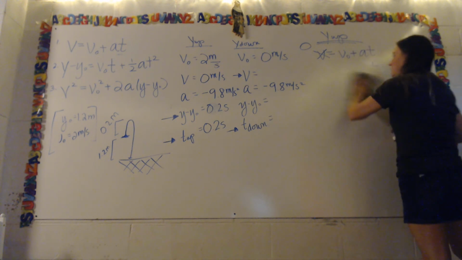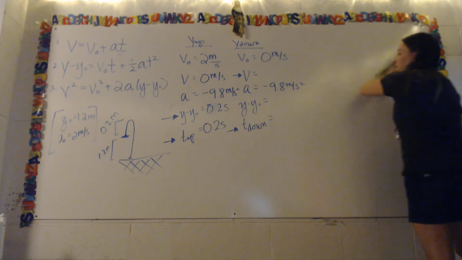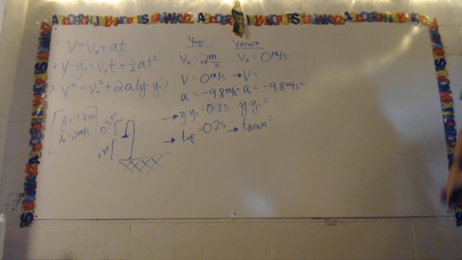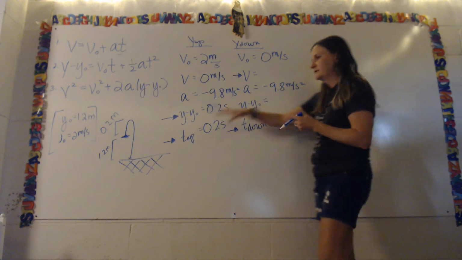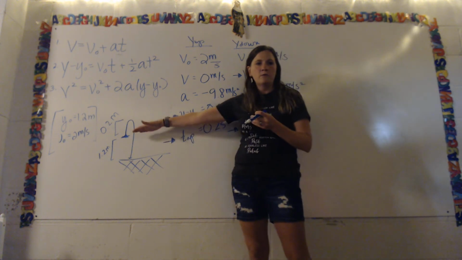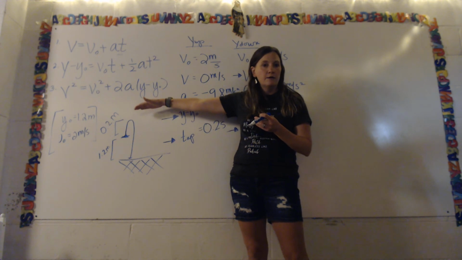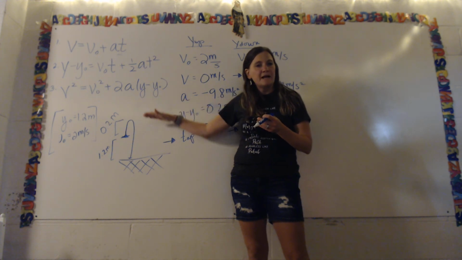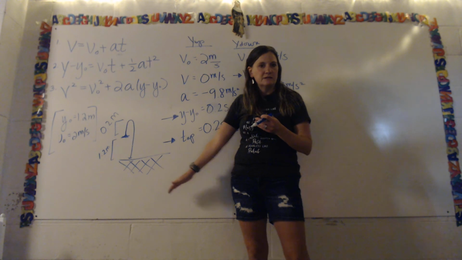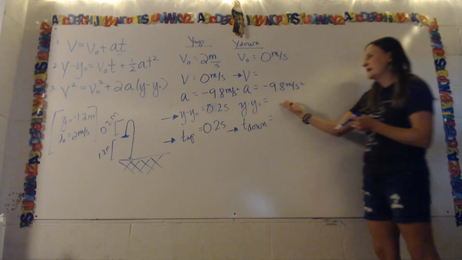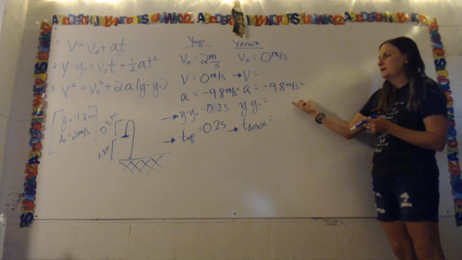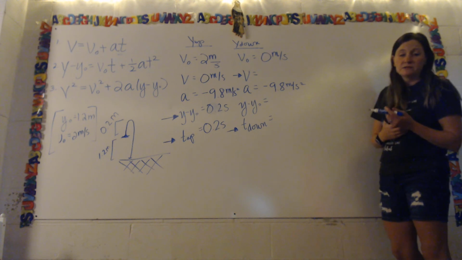Okay, so the key is that, like I said on my picture over here, I start at 1.2 meters and then I go up 0.2 more. So I have to come back down that whole distance. So my displacement down, this y minus y naught, is negative because it's falling down.